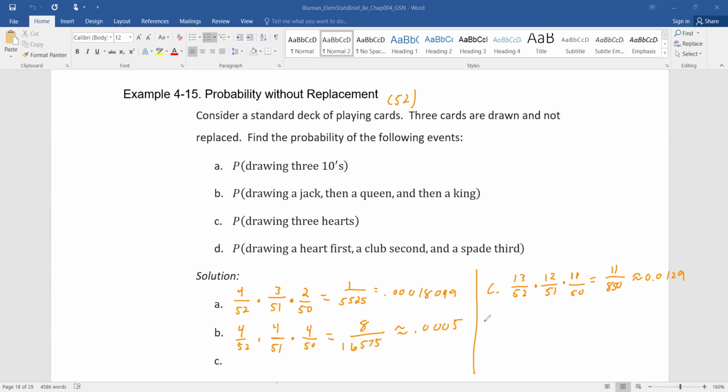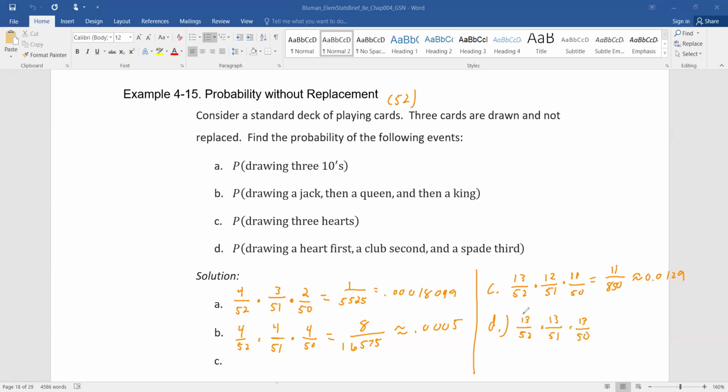All right, part D. Drawing a heart first. That would mean that there are 13 out of 52 options. Getting a club second would be 13 out of 51. Again, if the first one was a heart, I now have only 51 cards, but that does not affect the clubs themselves. And the spade third would be 13 out of 50.